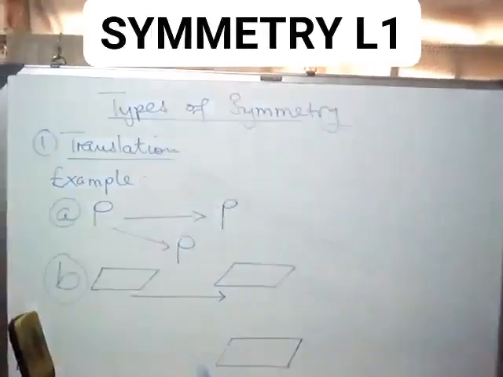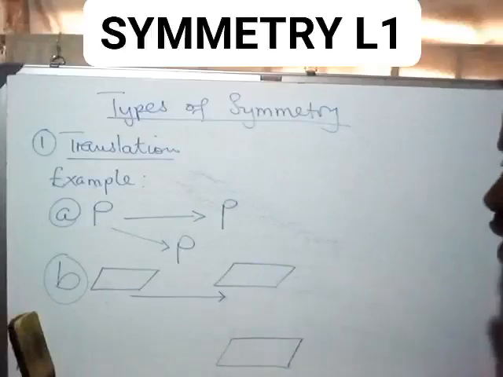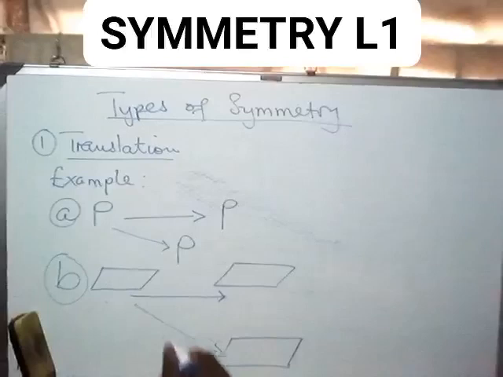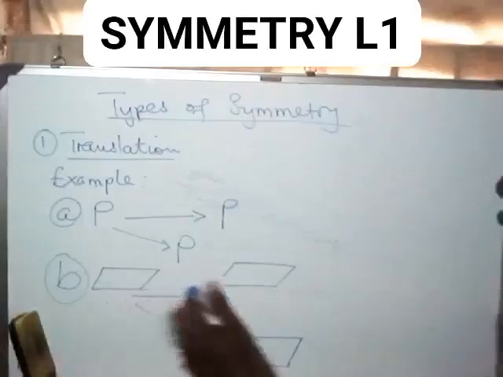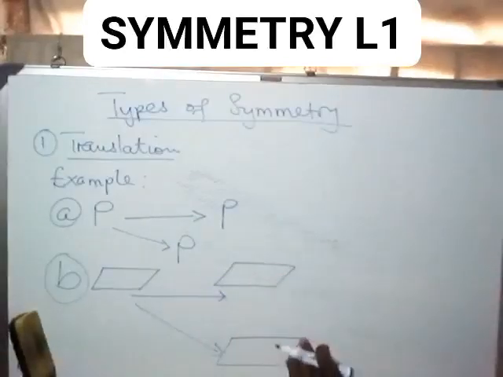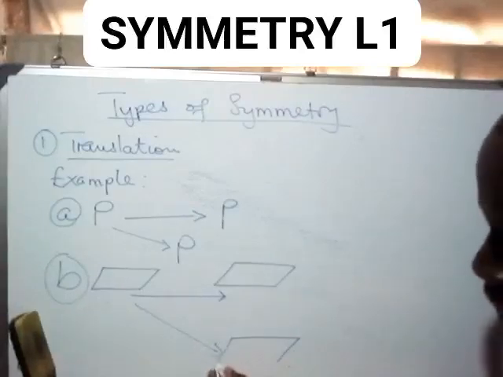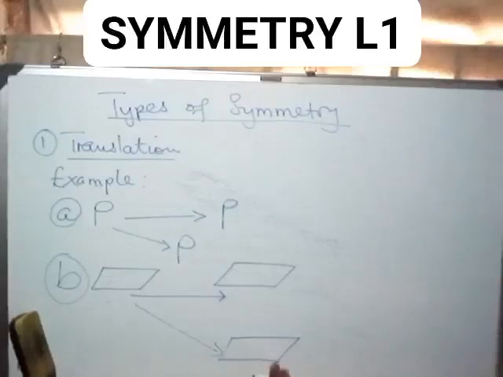We have this shape here, which has moved to this shape there. Actually, it has to be of the same shape as the shape above. Such kind of movement is known as translation.